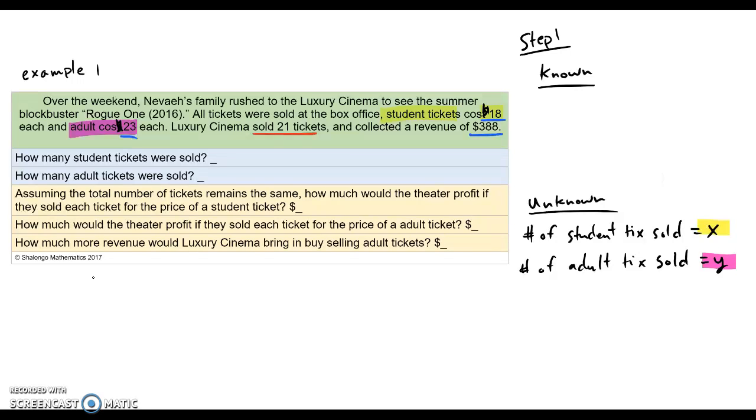So what do we know? We know that X is $18 each. So X isn't 18, but we know that X is going to get multiplied to 18 because 18 is the rate for a student ticket and X represents the number of student tickets. We know that Y is going to get multiplied to $23 because that's the cost for each adult ticket.